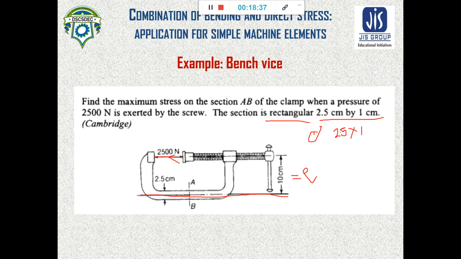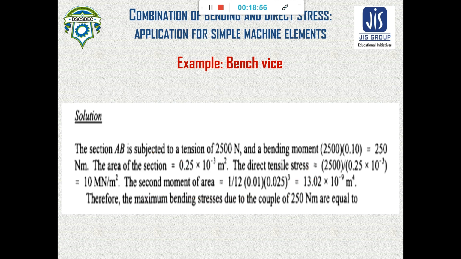Now a combination of bending and direct stress will be acting here. So the maximum stress value will be the summation of your direct and bending stress. See here, the area of the section is given.